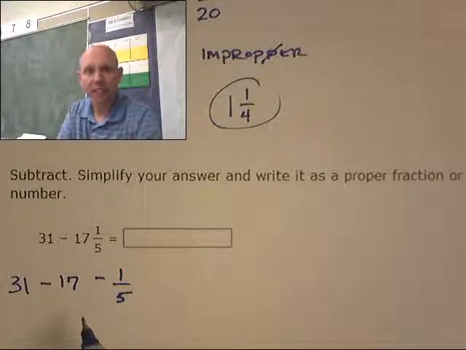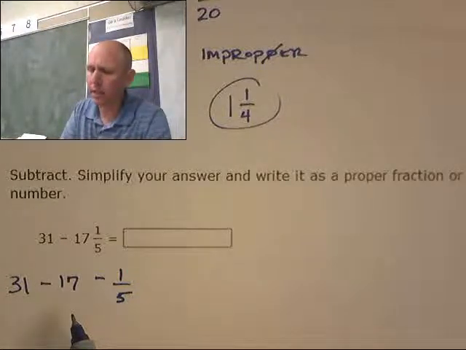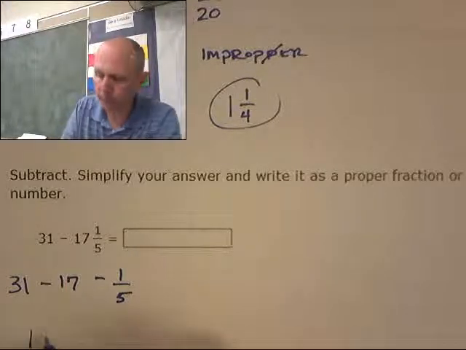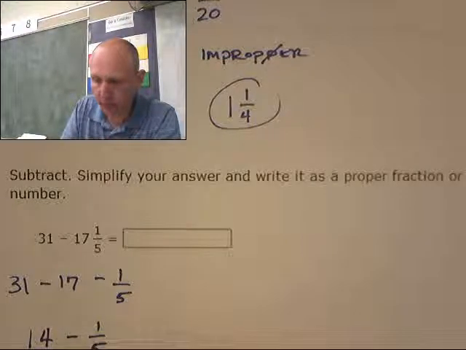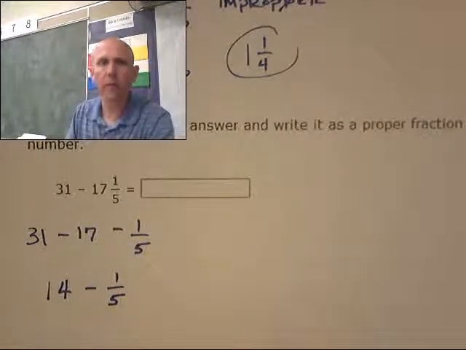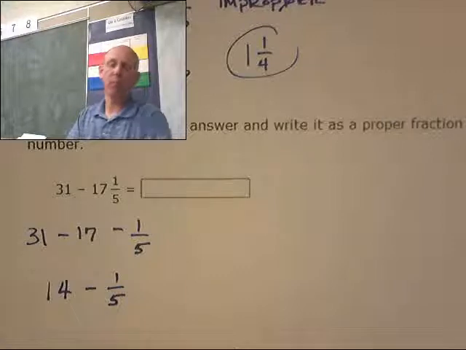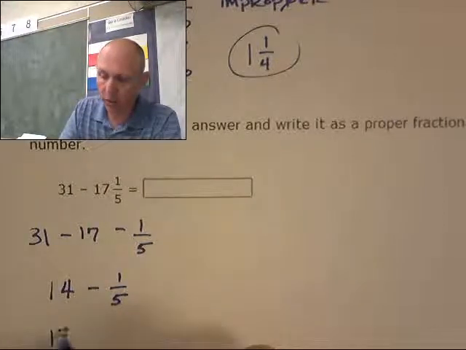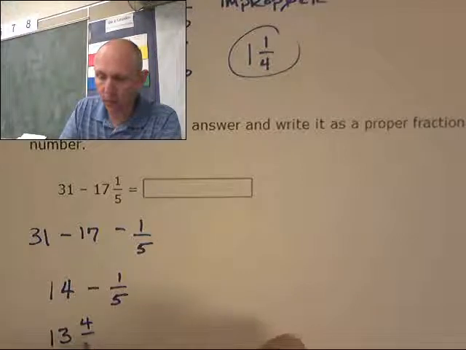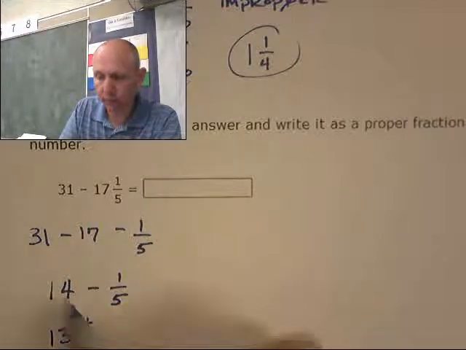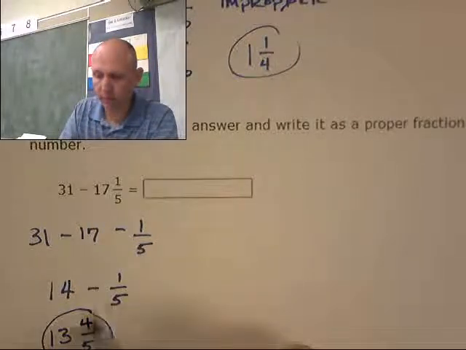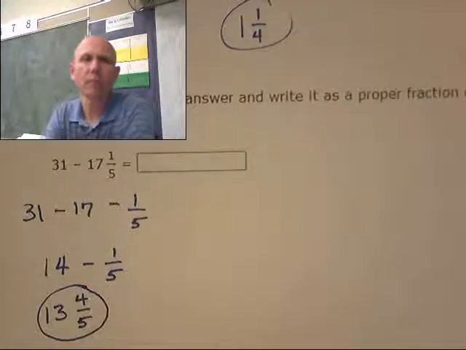So 31 minus 17 is 14. 14 minus 1/5, well, that's going to take me down to 13 and 4/5. What do you think of that?